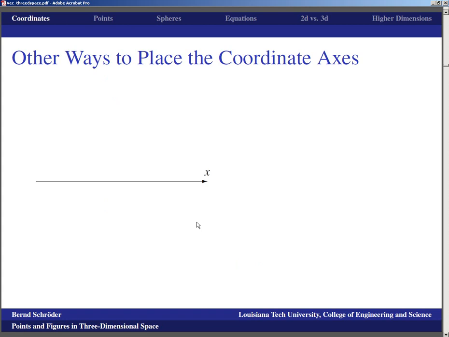And then there is another way of setting things up where the x-axis goes to the right, the y-axis goes into the plane on which things are drawn, and the z-axis is pointing upwards. And again, you can align it with your fingers. It is a right-handed coordinate system, and you can of course put in tick marks just like before.